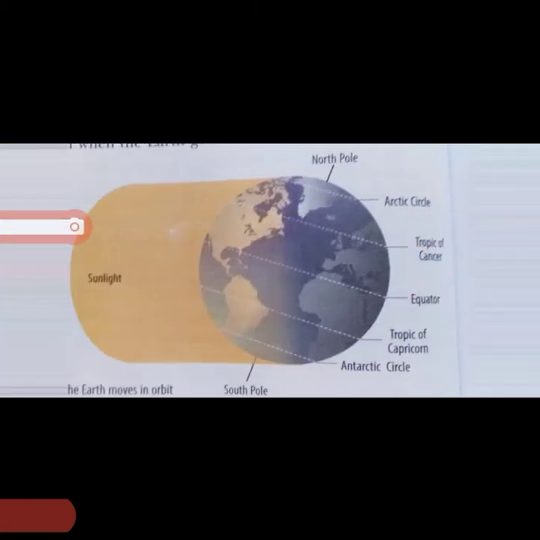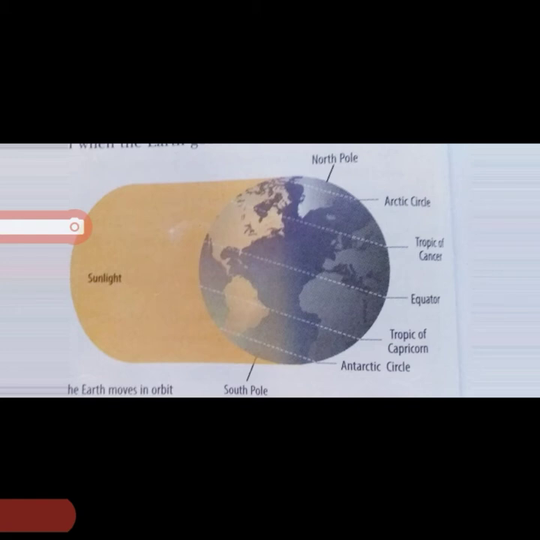Now see in this picture, look carefully at the northern hemisphere. You will understand that the duration of day is longer, and in the southern hemisphere the duration of night is longer than the day. The reason is the southern hemisphere is facing the sun and the northern hemisphere is facing away from the sun.